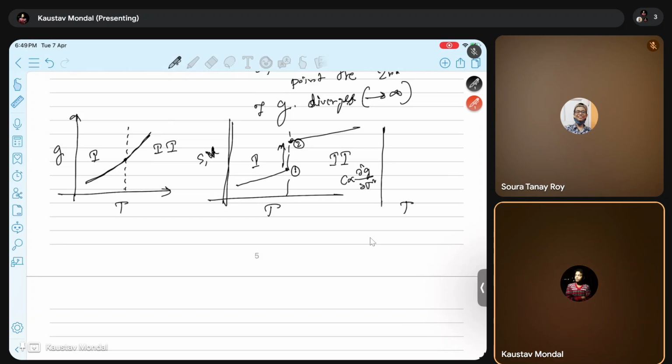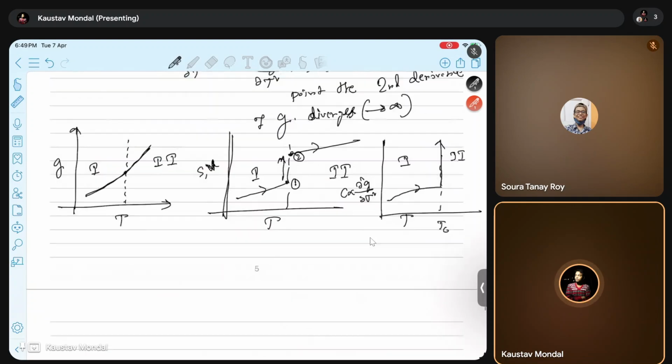If you plot it with respect to T at this transition point, it will basically diverge. It will go like this and then diverge at this critical temperature value, phase 1 to phase 2. This is basically the characteristics of first order phase transition.